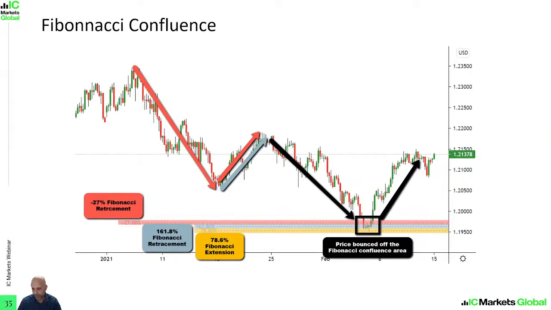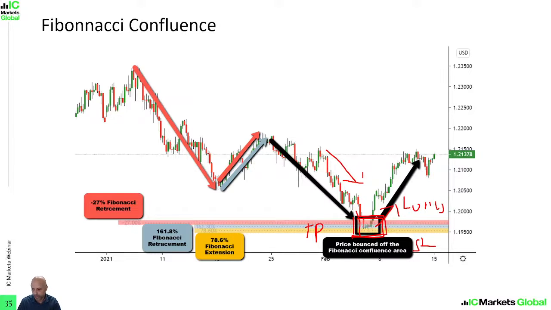Once we have identified a very strong support area based on Fibonacci confluence, as price is falling lower, we're going to use this confluence area to identify our TP level. And when price finds support here and starts to go higher, it also helps us identify a potential long entry, and we would place the stop loss slightly below this strong support area.